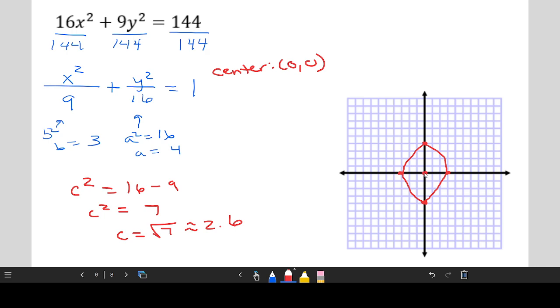So we're going to go 2.6 units up from the center and 2.6 units down from the center. So each focus has an x-coordinate of 0 since we didn't go left or right, and then the y-coordinates are square root of 7 and negative square root of 7.